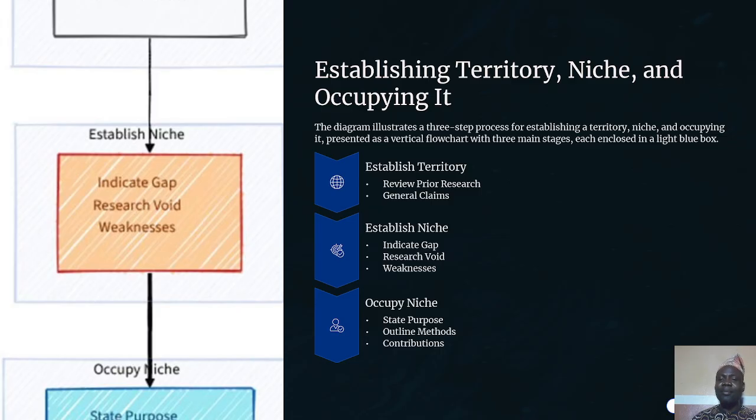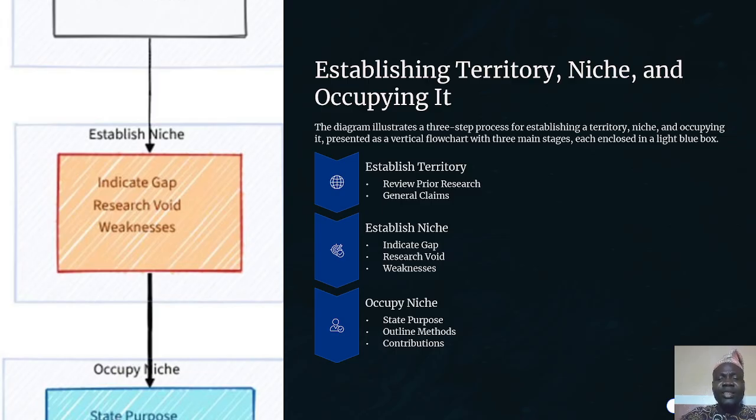This diagram illustrates a three-step process for establishing a territory, a niche, and occupying it, presented in a flow chart. And you can see establishing a territory requires you to review prior research concerning what you are doing.